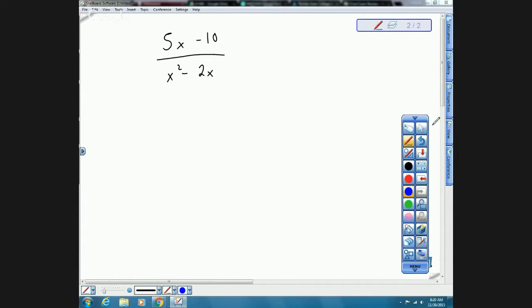What can I do on the top? You factor out a 5, so you get 5 times x minus 2. On the bottom, what can you do? Factor out an x, so you get x times x minus 2. So we're going to simplify the top, we're going to simplify the bottom, and then when we look, something should cancel out, and then we just end up with 5 over x.